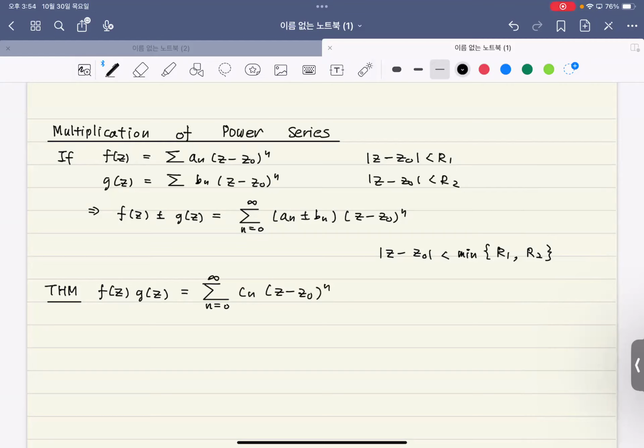If you multiply these two functions, the product of two analytic functions is also analytic. Therefore, f times g must also have some power series expansion, a Taylor series expansion at the center z0.